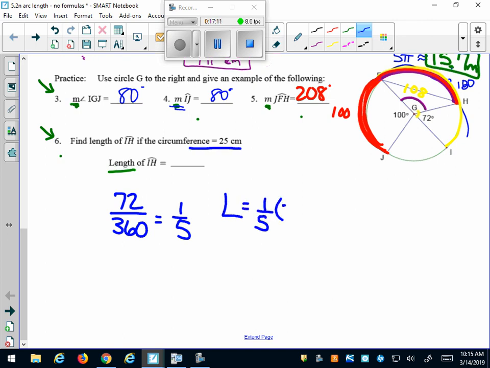Well, they tell us the circumference is 25. What's 1/5 of 25? 5 centimeters. That's the length of IH.